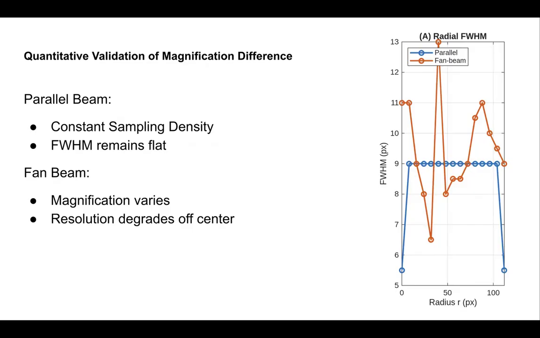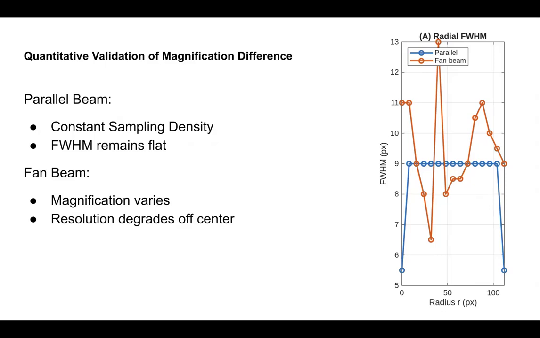This means the full width at half maximum value measured at the center is representative for the whole field. Only small changes across the image are observed. On the other hand, for fan beam, this value varies with position due to geometric magnification and spatially varying sampling density.